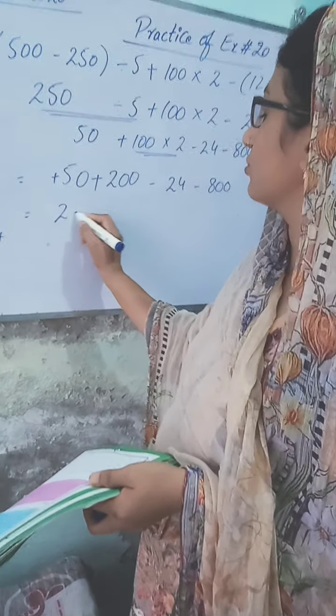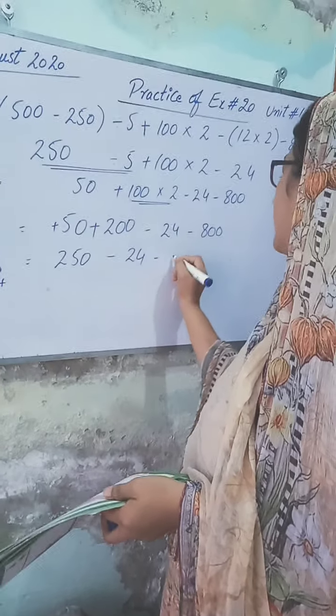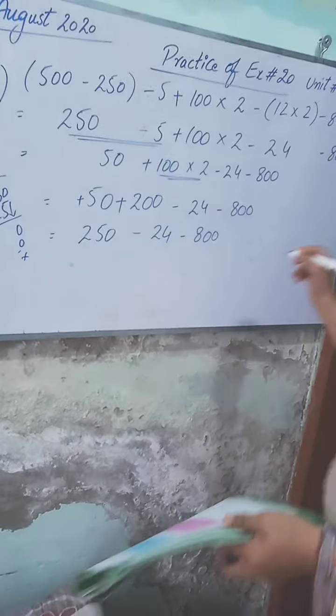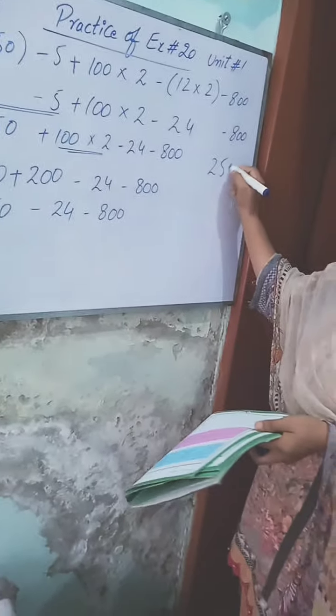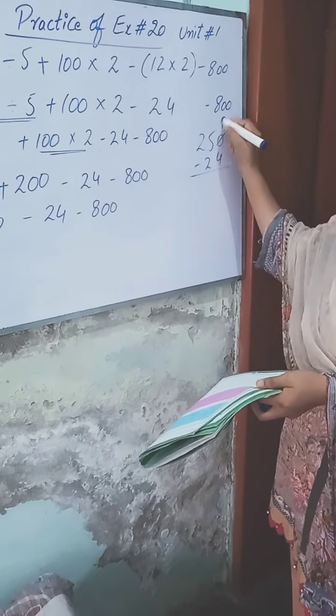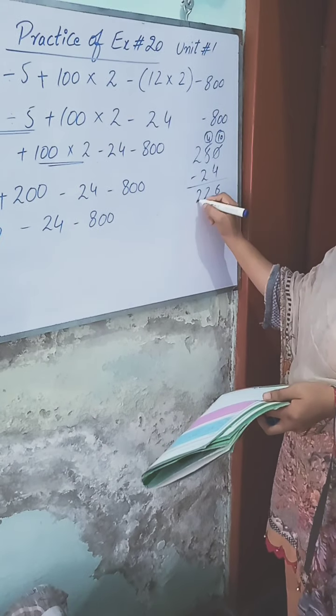There is no need of arrangement here. 800. Now students, first of all you will minus these two numbers, 250 and then minus 24. 10 minus 4, answer is 6. 4 minus 2, answer is 2. Now 226.